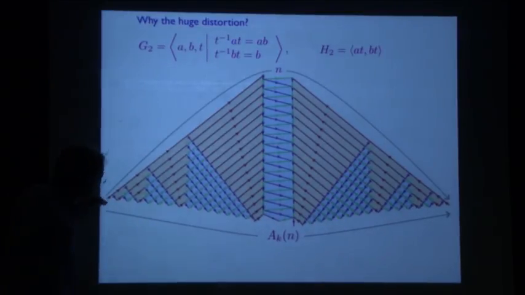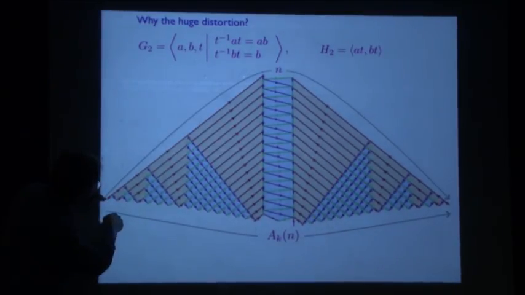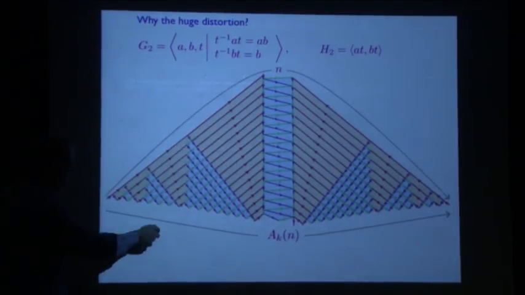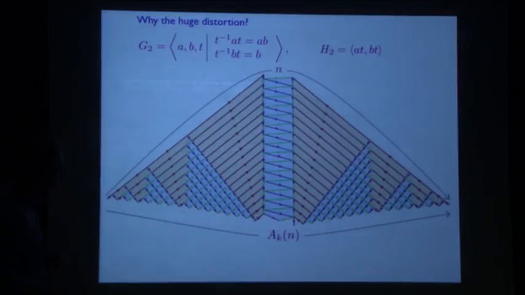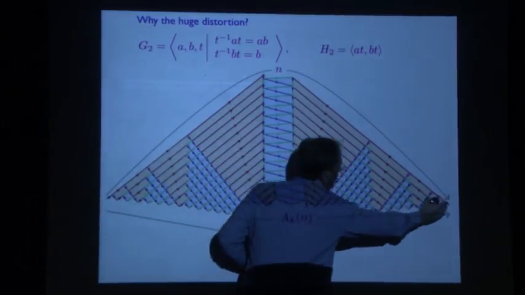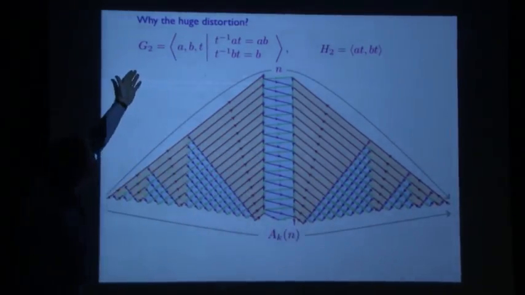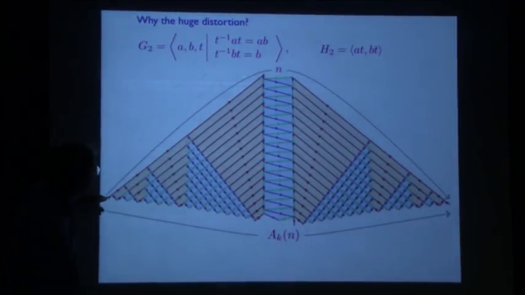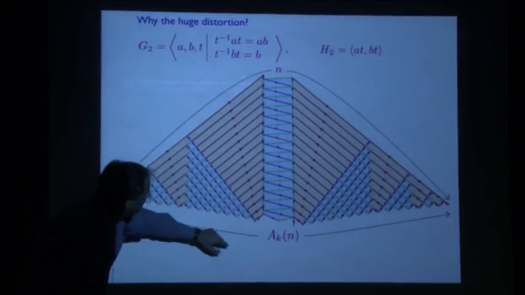Because the length along here is the duration of that battle that Hercules fought. And this is where we're seeing the huge distortion, because the word you read along the top from here to here in GK has length n, and in the subgroup it's got this length.